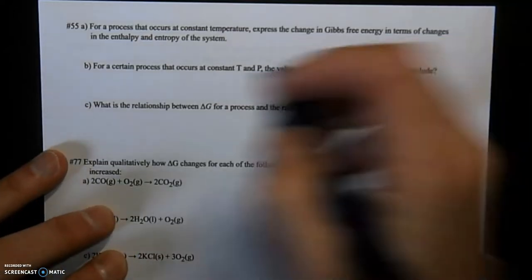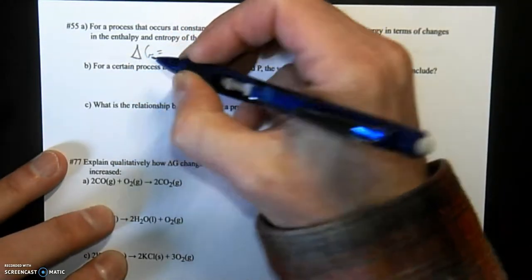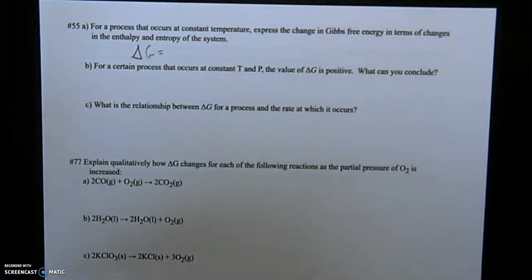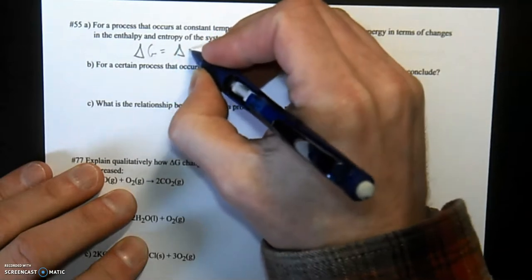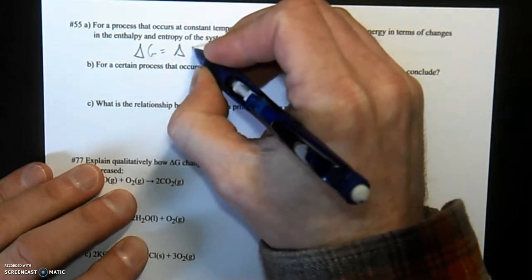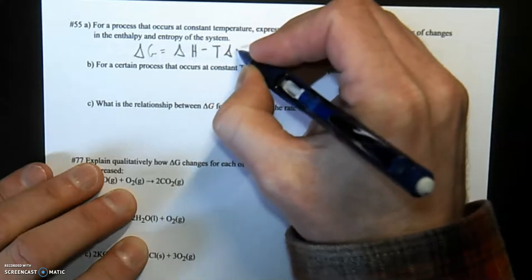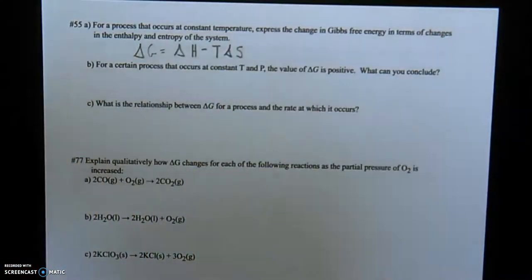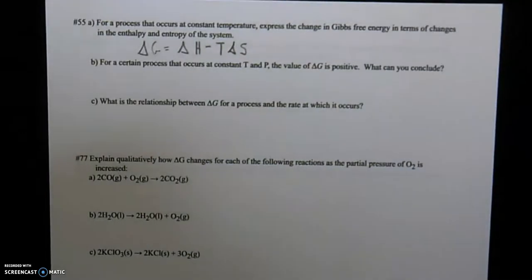Okay? Pretty much it's like, what's the equation? I can do that. Set it up. Delta G is equal to delta H minus T delta S. So it's just asking, what is the equation that makes this whole thing work?